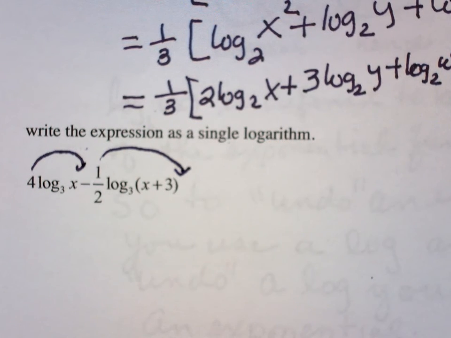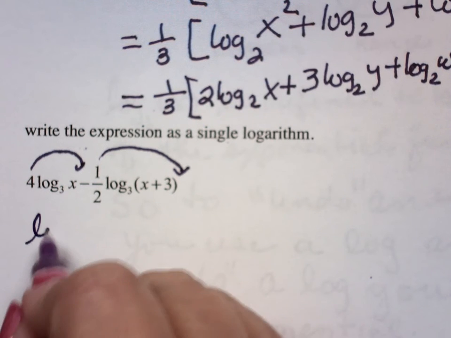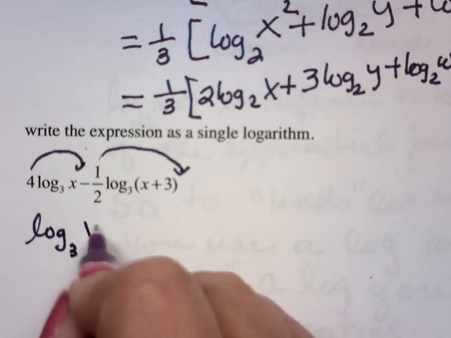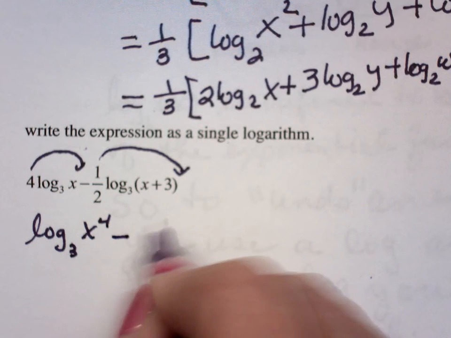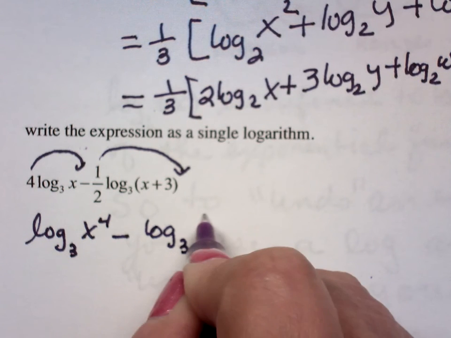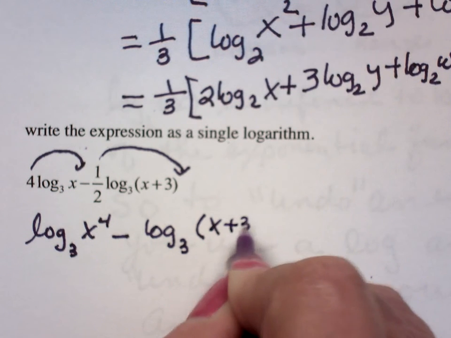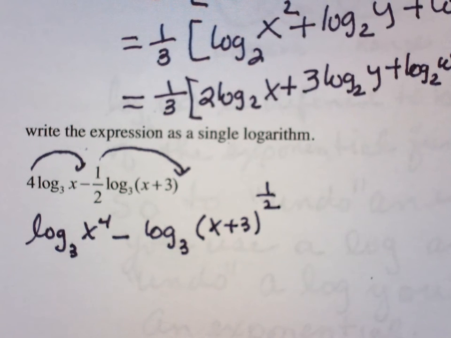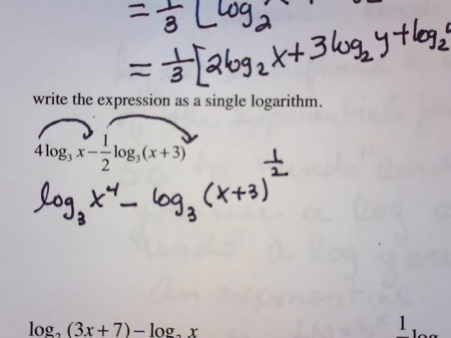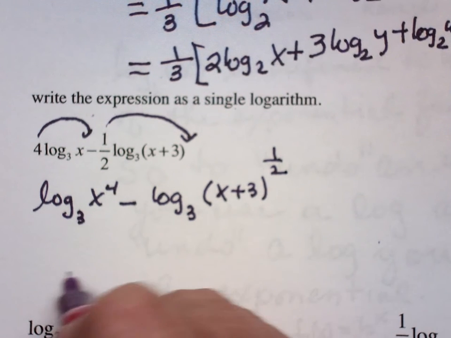Because the properties of logs, the sum property and the division one, have coefficients of 1. So this becomes log base 3 of x to the 4th minus log base 3 of x plus 3 to the 1/2. Now what happens? A subtraction turns into a division.